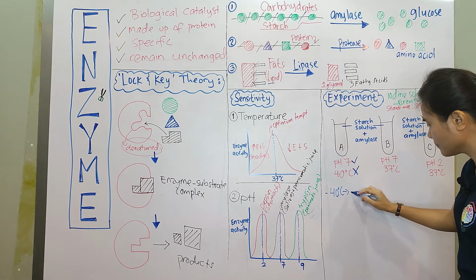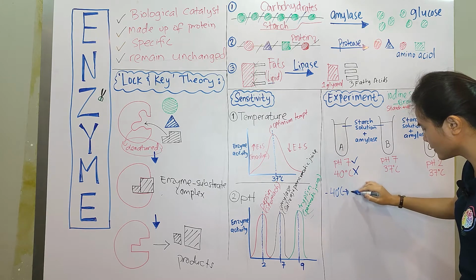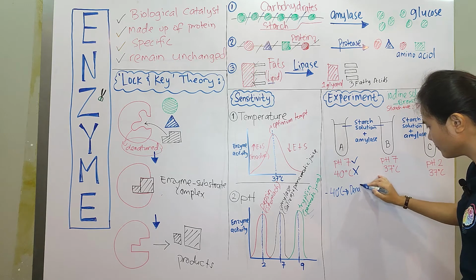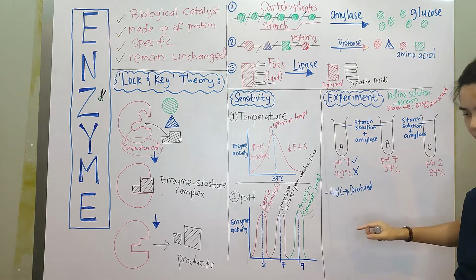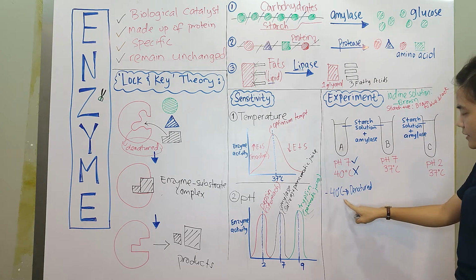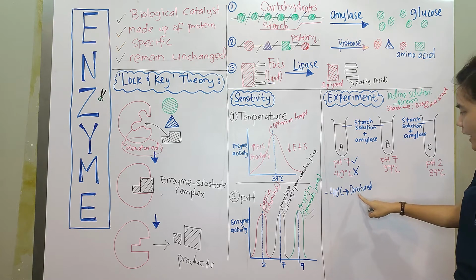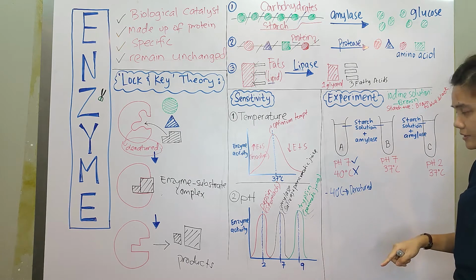It means denatured. Of course, in the exam you don't write this, you write in full sentences. You say the temperature is 40 degrees Celsius, so the active site will be denatured because of the 40 degrees Celsius.